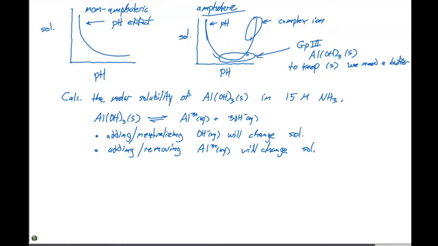The question that we want to ask ourselves is, what will NH3 do to the concentration of aluminum 3+ and the concentration of OH-?